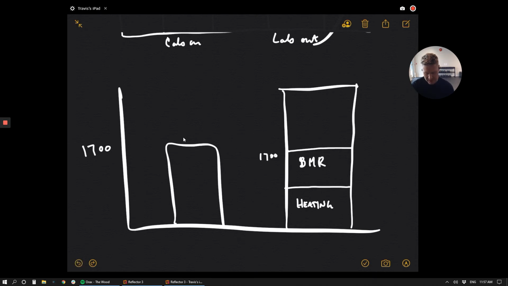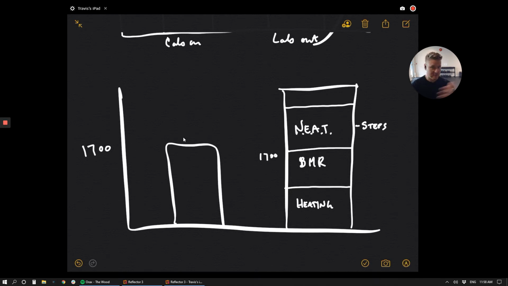So then the next piece, it's the next big one, and it's very variable. This is called NEAT, non-exercise activity thermogenesis. Non-exercise activity, simplest thing. So that's like steps. The best thing to know is like steps, right?